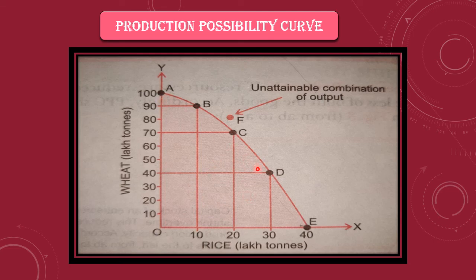But any point outside this PPC curve is an unattainable combination of output, which can't be attained by the producer, because the producer has limited resources. So with limited resources and limited technology, the combinations that can be attained inside the PPC curve are known as attainable combinations, and any point outside the PPC curve is an unattainable combination of output. So here is the end of today's video and your chapter also.